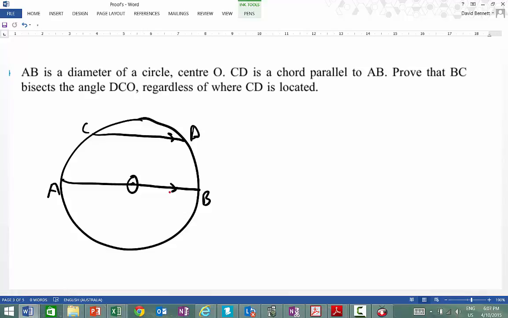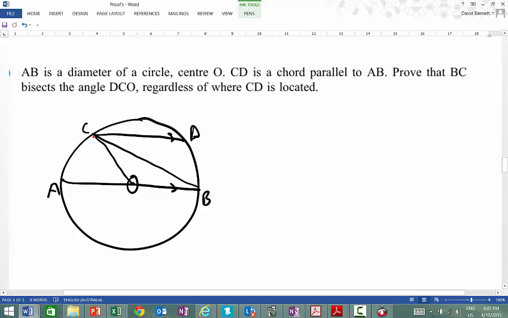Alright, so if you're going to do that, then we'll just draw that line in. So that line there is CO. Right, and then we have to show that BC bisects it. So we have to try and show that this line bisects it there.